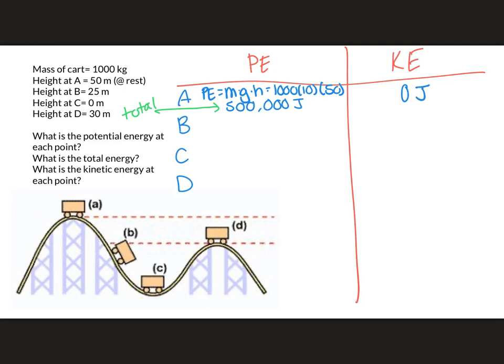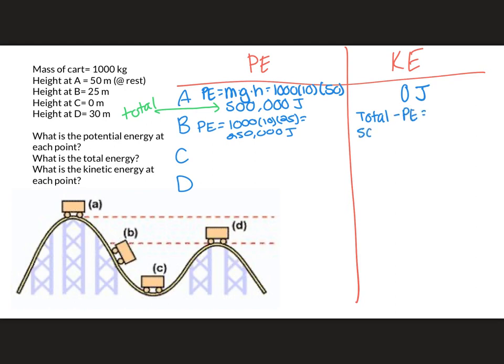Now let's go to part B. Part B says that my height is 25 meters. So for my potential energy, same thing, 1,000 times 10 times 25 joules. And that's going to give me 250,000 joules. Now, I also need to figure out my kinetic energy. How do I do that? I'm going to take my total energy and then subtract my potential energy.